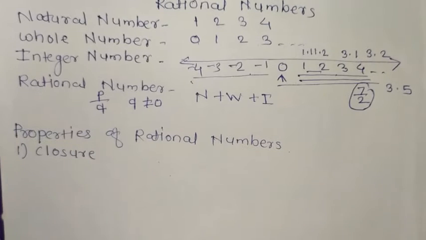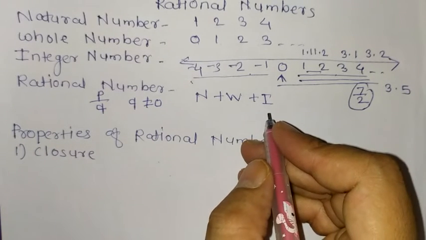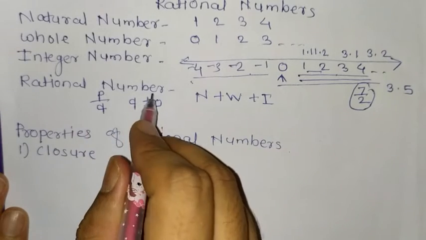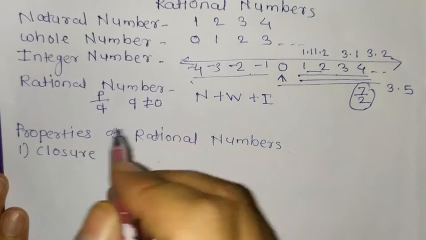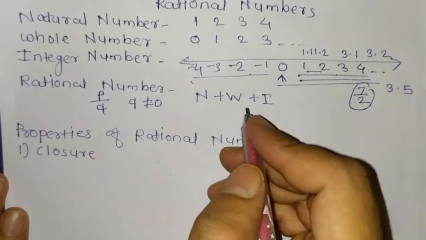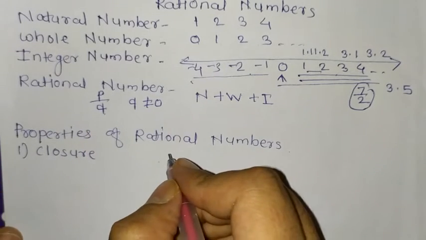Because you know we don't divide any number by 0, otherwise we get an unwanted result. You cannot divide any number by 0 because it is not defined.